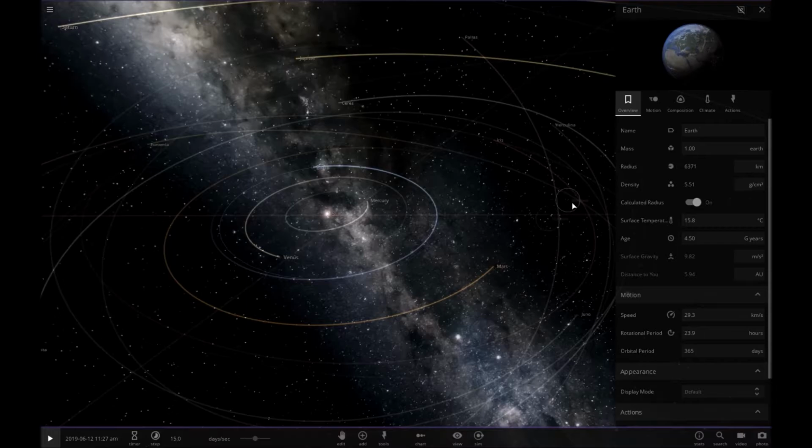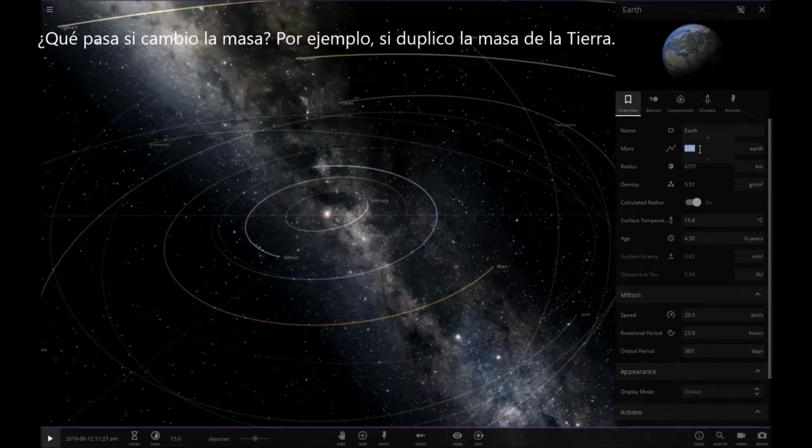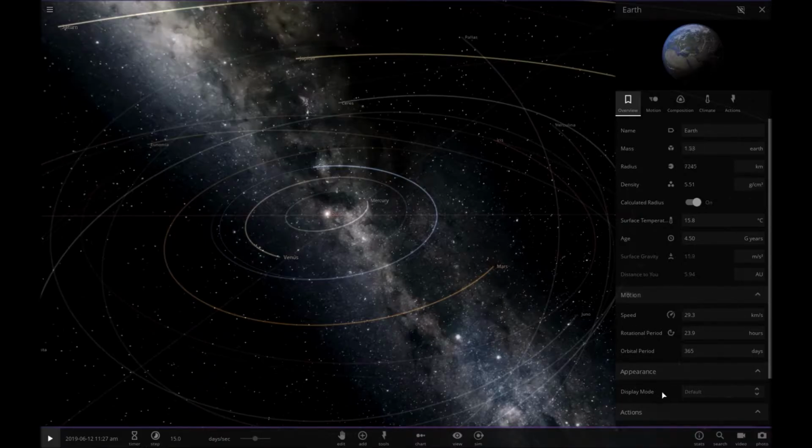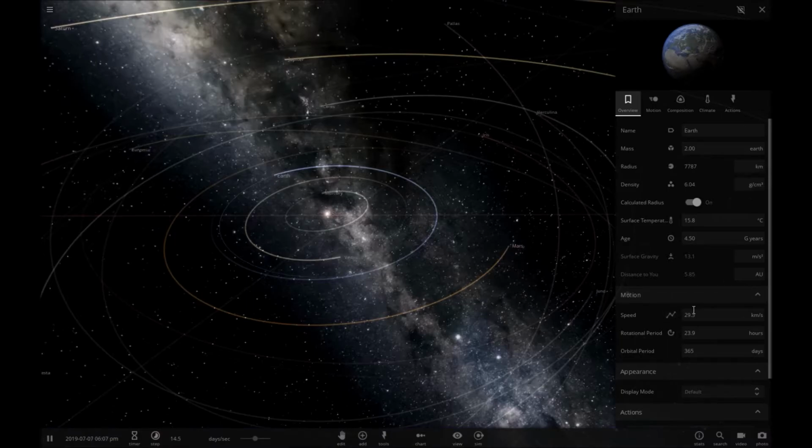Okay, so let's see what happens if I change the mass. Let's say just for the heck of it, let's just double it. Oops, not 20, double it, just like we did in the other simulator. And let's see what happens to that. So everything gets adjusted. It's still saying 365 days, so let's see what happens. Does our speed change at all?